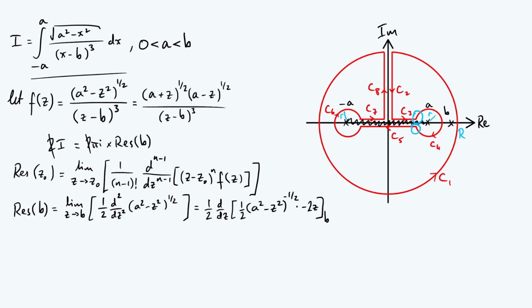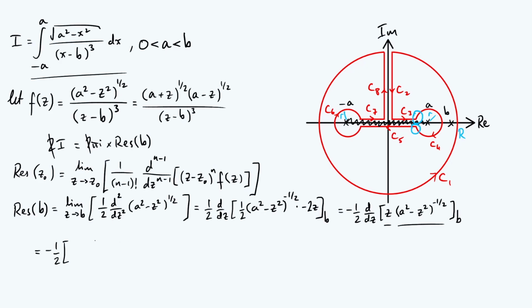So then we can just cancel this half with this 2 and put the minus sign at the front to make it look a little bit nicer. And so this is going to be minus a half d by dz of z a squared minus z squared to the minus a half, evaluated as z goes to b. So to do the next derivative, we of course have to use the product rule because you've got z multiplied by all of that stuff there. So we're going to have minus a half.